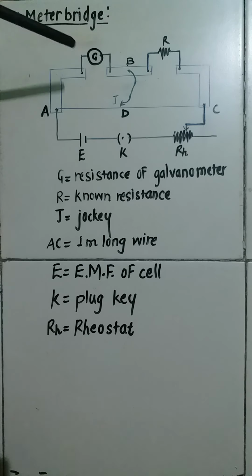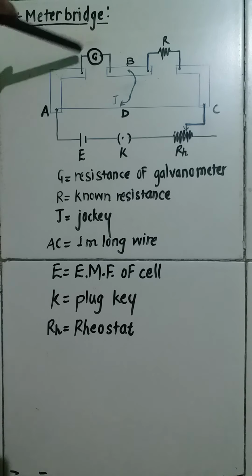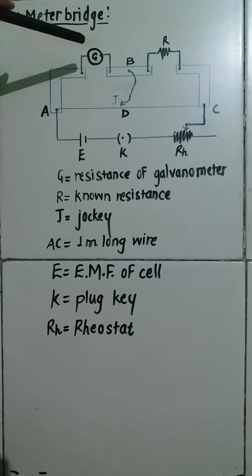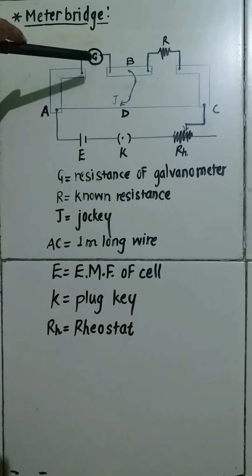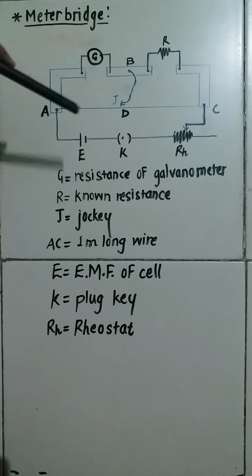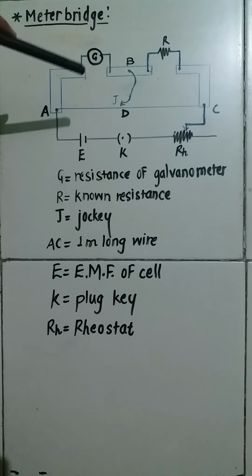Adjust the rheostat so that the galvanometer shows deflection more than half of its full scale deflection. This galvanometer is usually calibrated up to 30 divisions on left side and right side, and 0 is at the center. So by adjusting the rheostat, make deflection in the galvanometer more than 15 divisions.